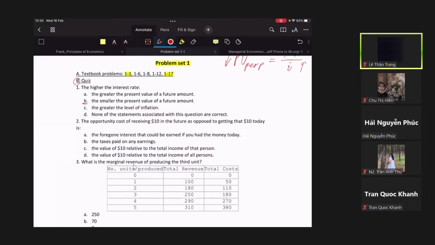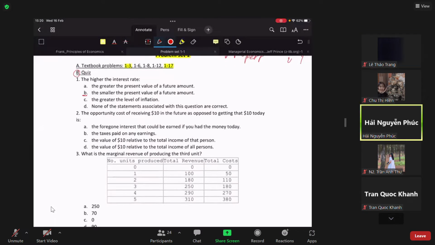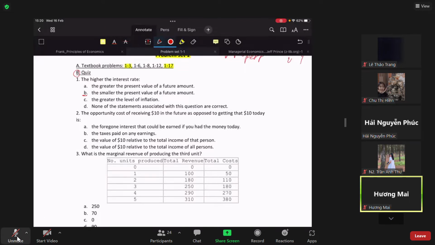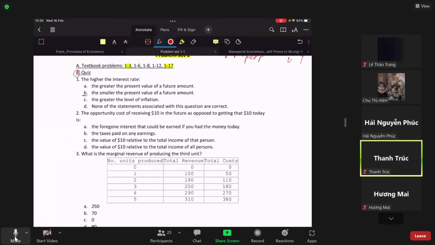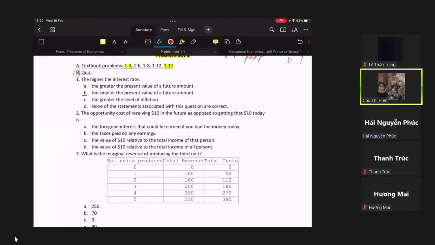Now the second question. The opportunity cost of receiving $10 in the future as opposed to getting the 10 today is, right? Yeah, that's correct.